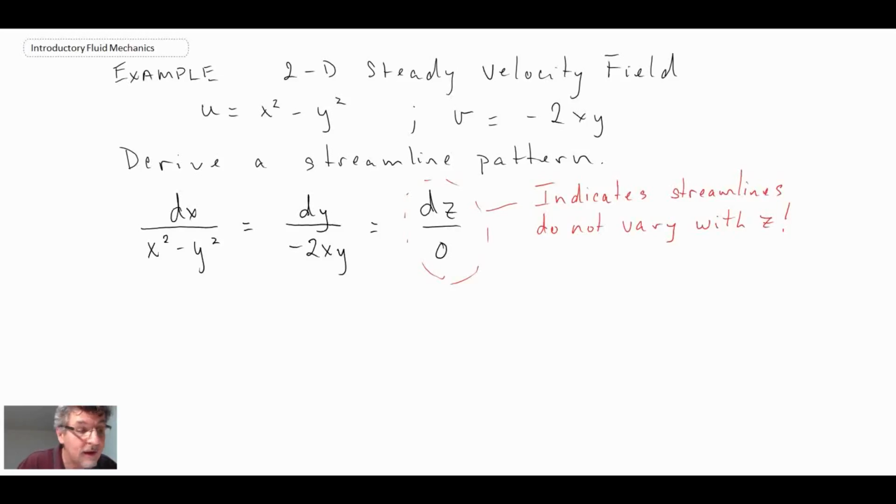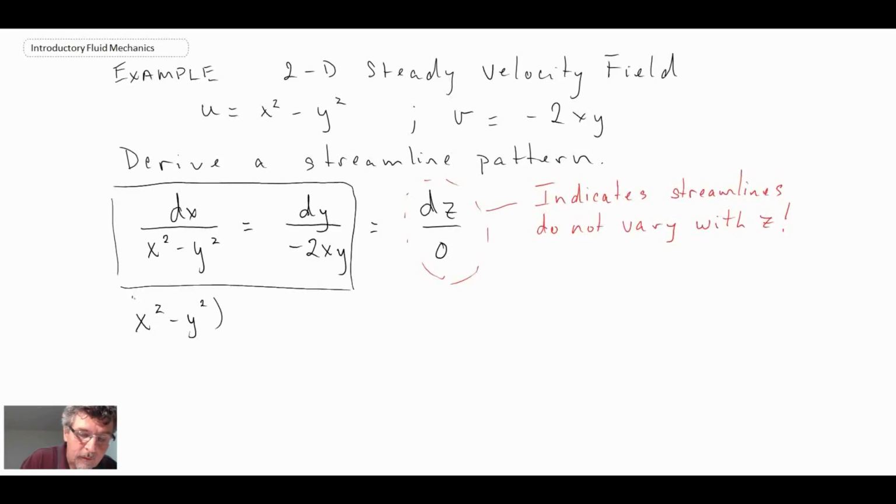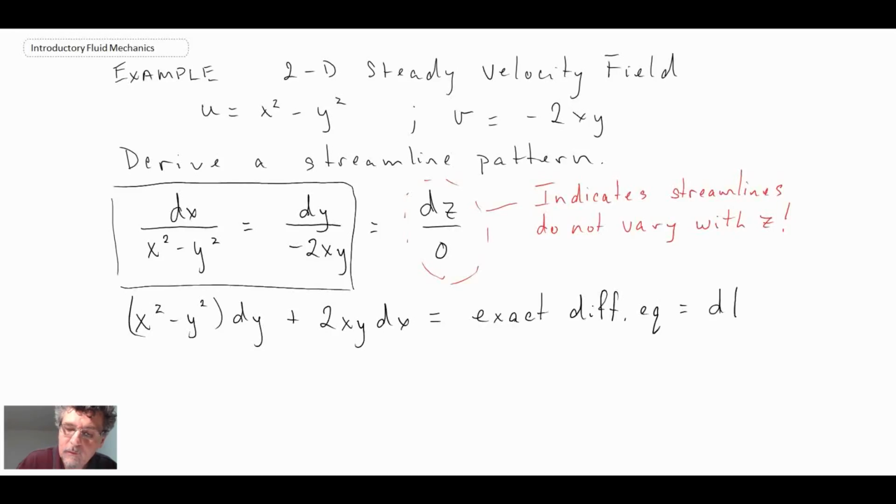If I rearrange this part of the equation here, we get an exact differential equation that we're going to equate to df, where f is the function that we're looking for.